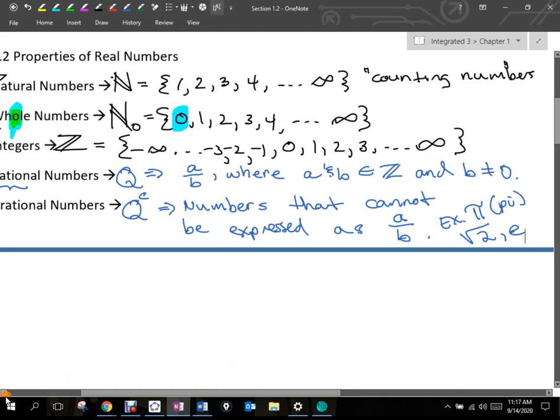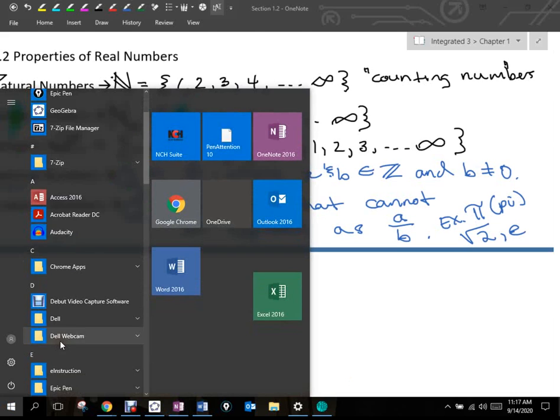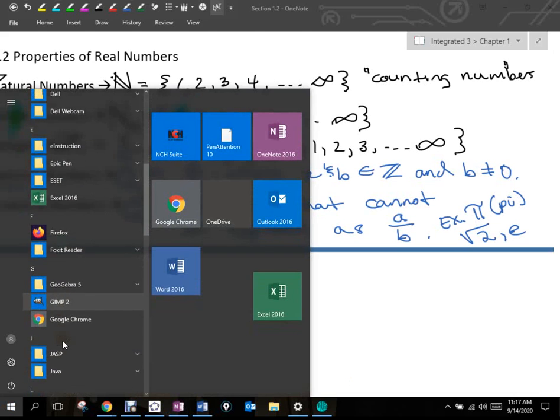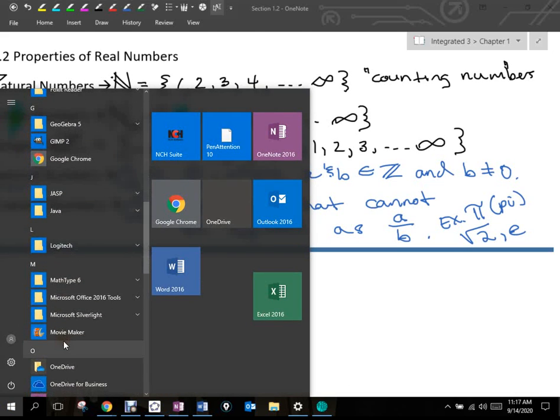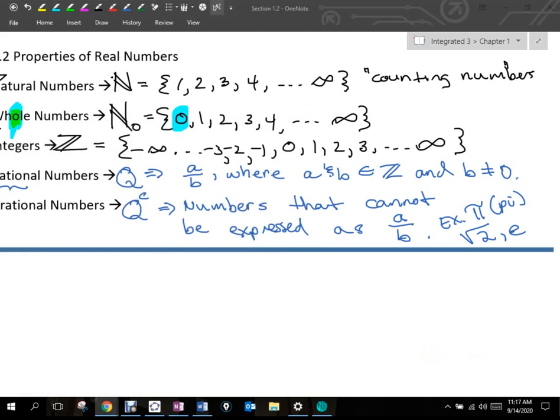But let's see. I think they wiped my computer clean and I lost a program. Maybe I'll find it and re-download it. But I just wanted to show you, if I type pi into this program, it will put it out to like 1 million decimal places, and you can recognize that there is no pattern to it.